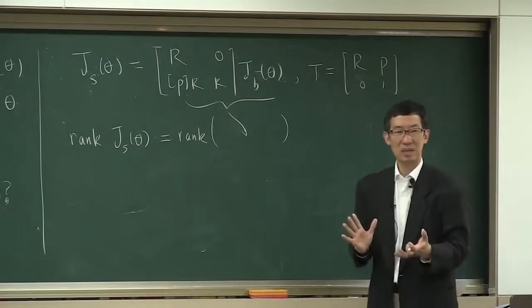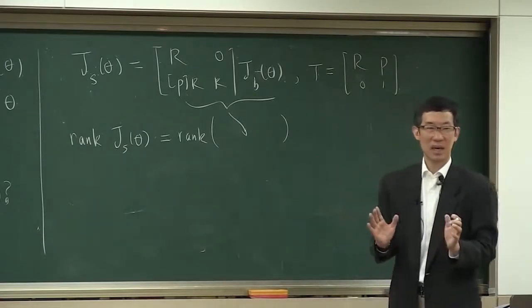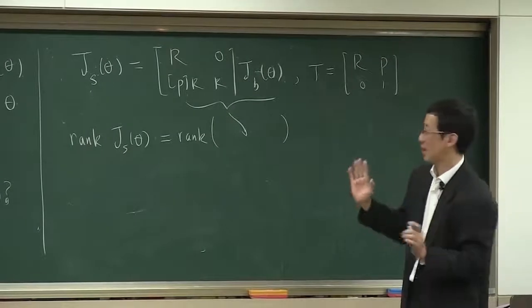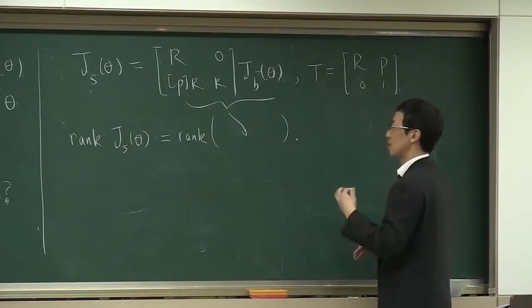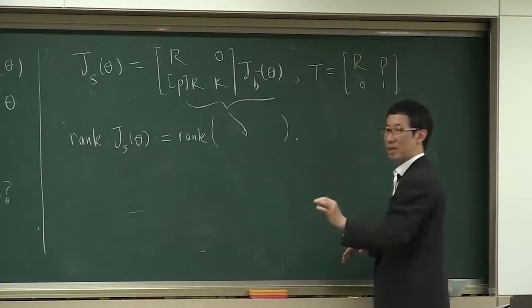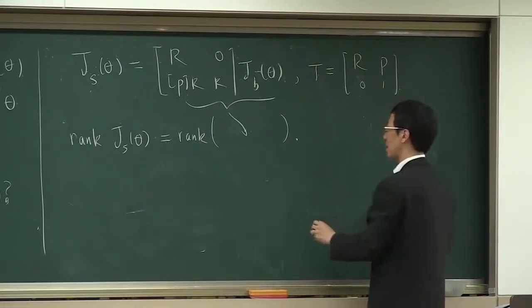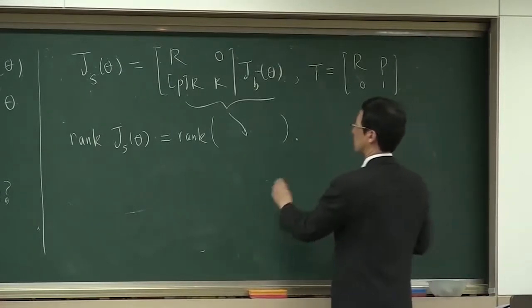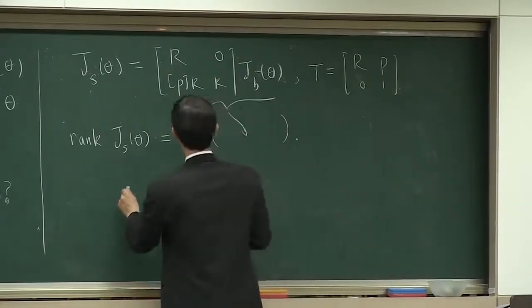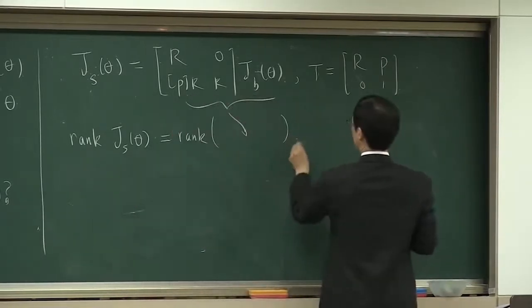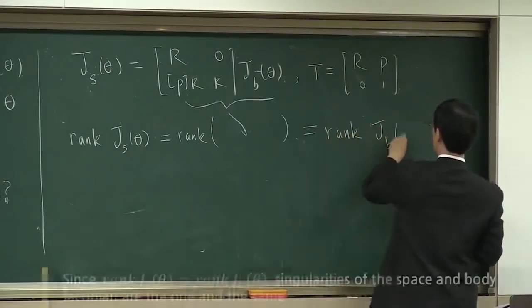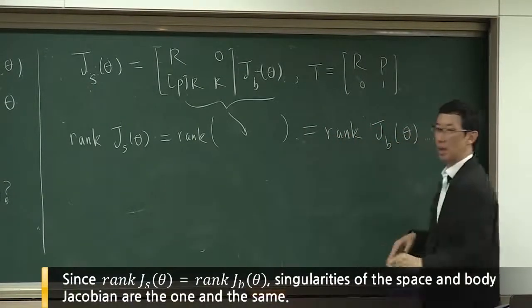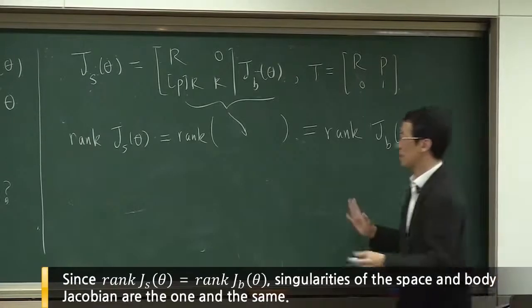Ideally, we want it to be the same, and fortunately, they are the same. So how can we show that? Well, we're not going to do a full proof, but I'm going to give you a linear algebraic result. Let's write the conclusion first. So the reason.